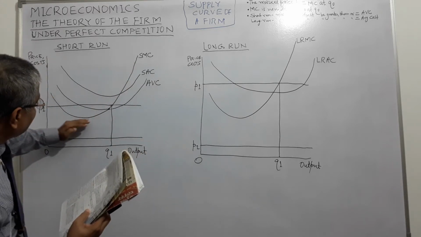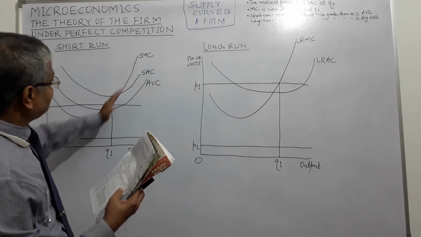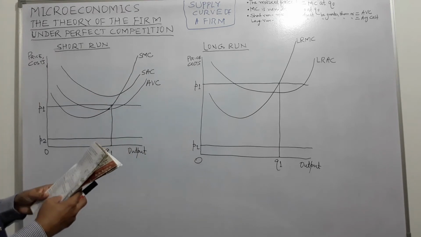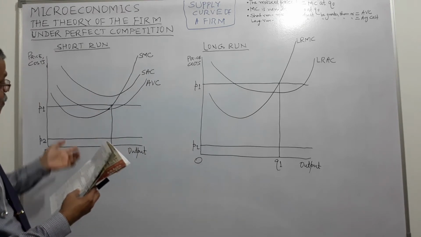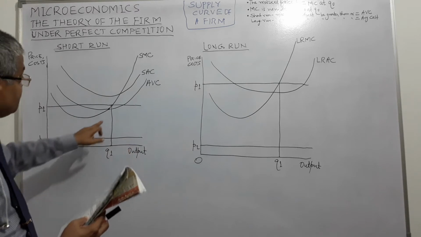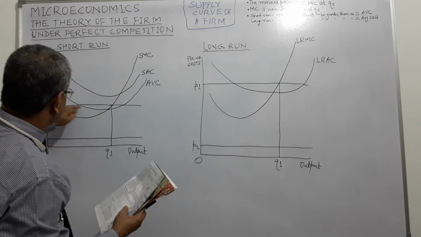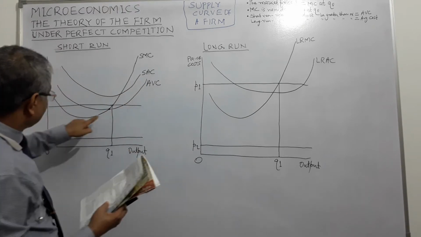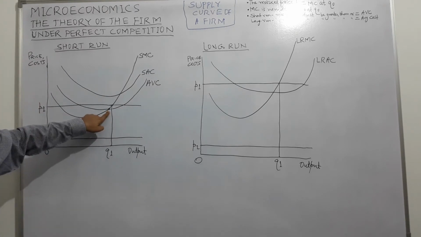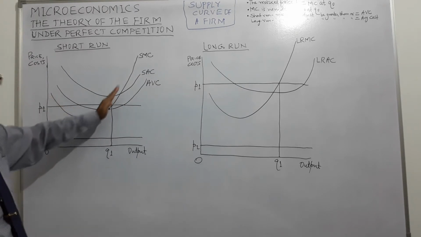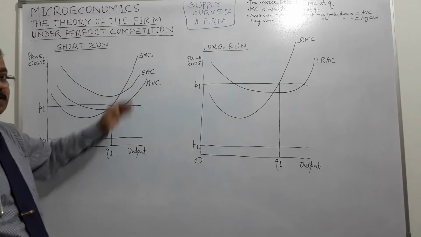SMC is declining here, but from here it has started rising. Rising part of the SMC curve from and above the minimum AVC. This is the AVC and the minimum of AVC is here, average variable cost. From below SMC cuts it, right?